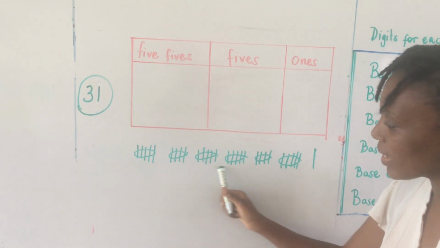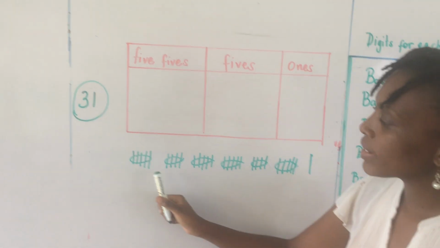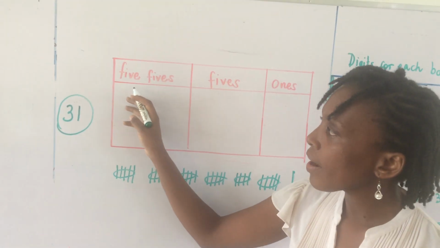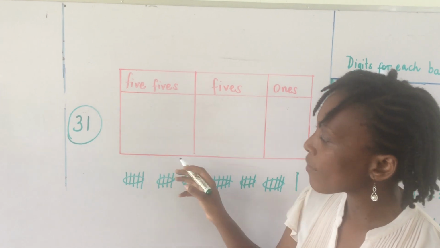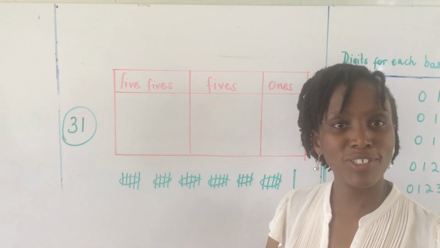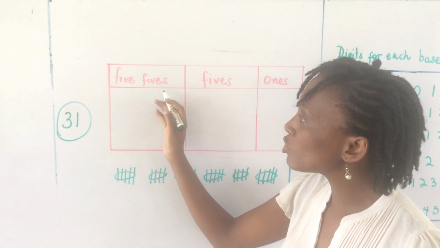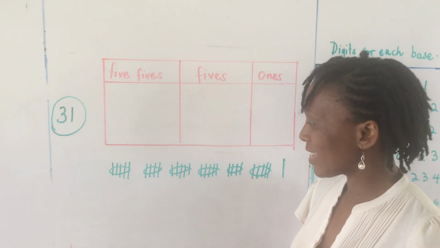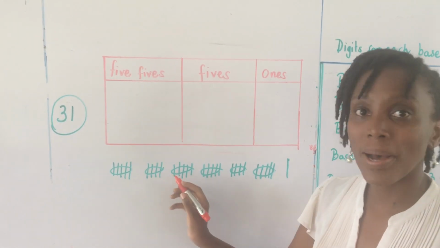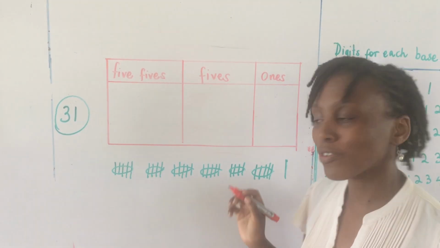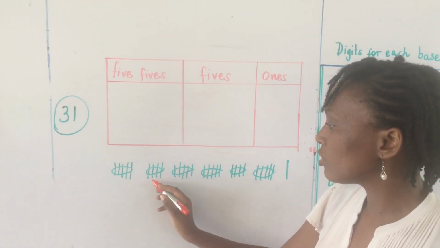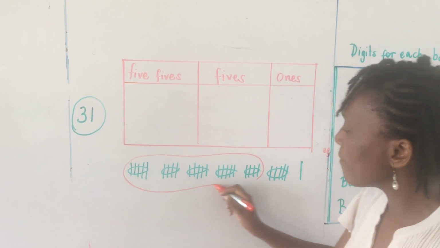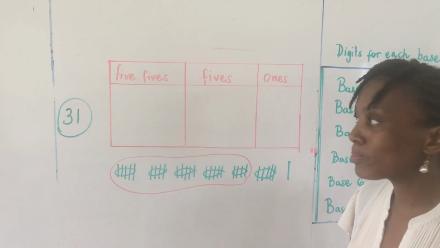So in this case, we have 6 groups of 5s. How many groups of 5s do we have? Are we able to make 5 groups of 5s? Yes, we are. So let's bundle 5 groups of 5s. 1, 2, 3, 4, 5.